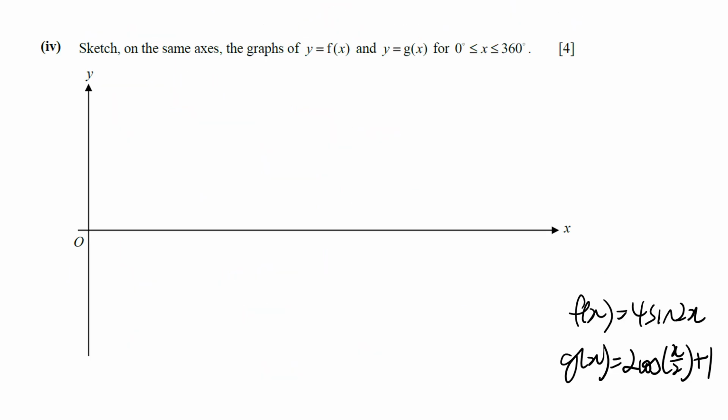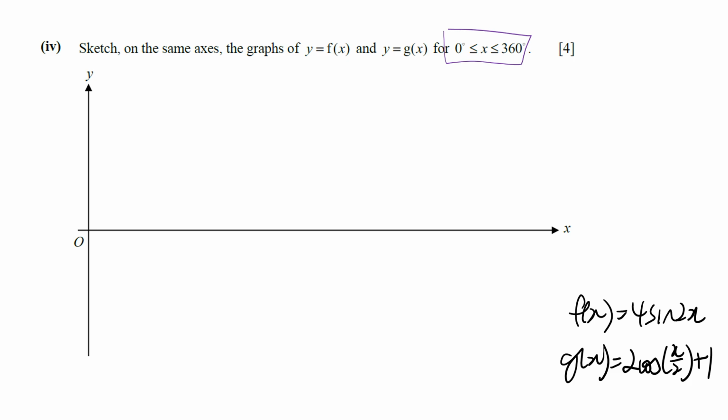Alright, let's look at the last part, your curve sketching. You're supposed to sketch both of these curves, and the range given, you must follow. The range given is between 0 and 360. From the earlier part, we found the period for f(x) is 180, and the period for g(x) is 720.